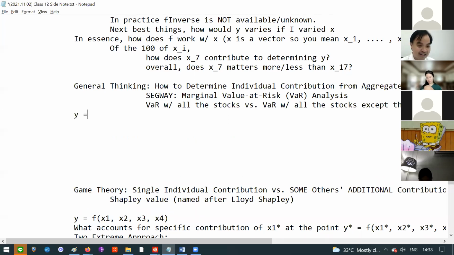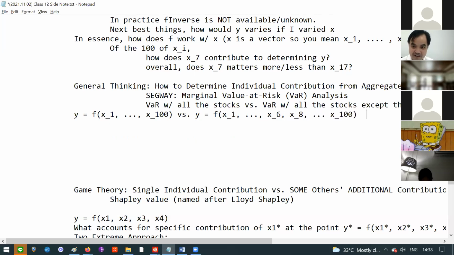You say y is equal to f of x1 to x100, versus f of x1 to x6, x8 and so on, skipping x7.